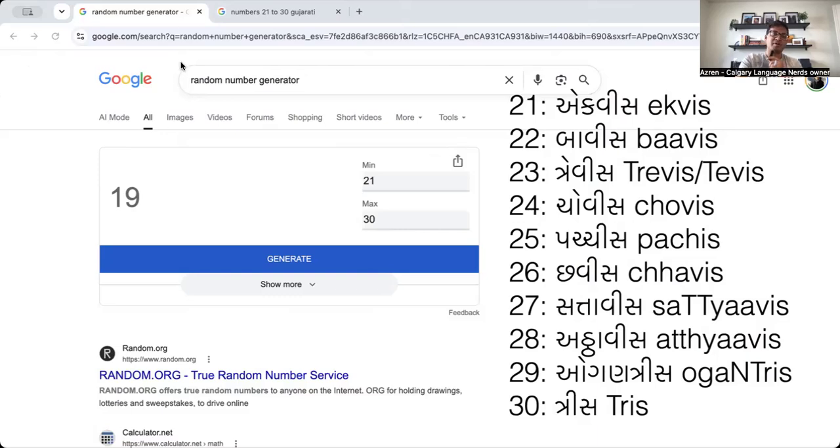Let's do some practice with this random number generator. Here we go. I'm actually going to make this 31. That should give us more 30s. Okay, let's do 20 as well. Why not? We'll do 20 as well. 20 is vis, so that'll also be in there.